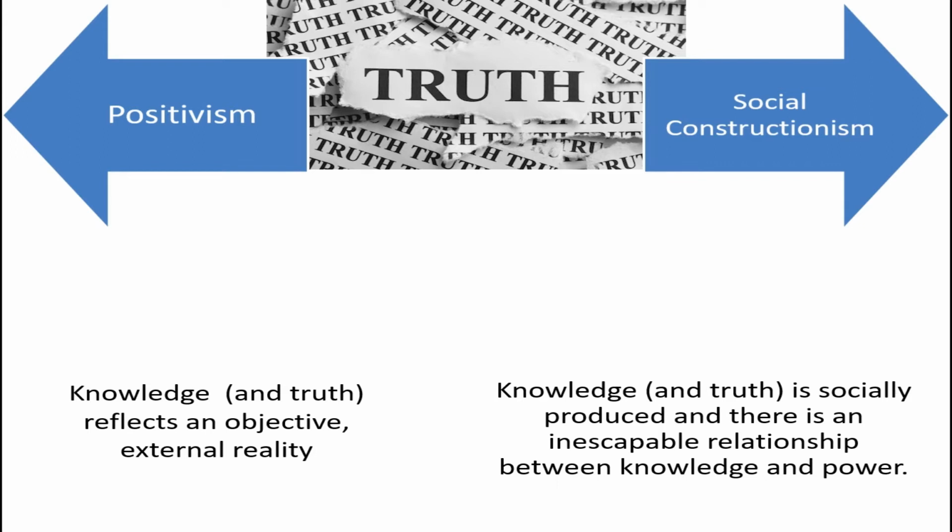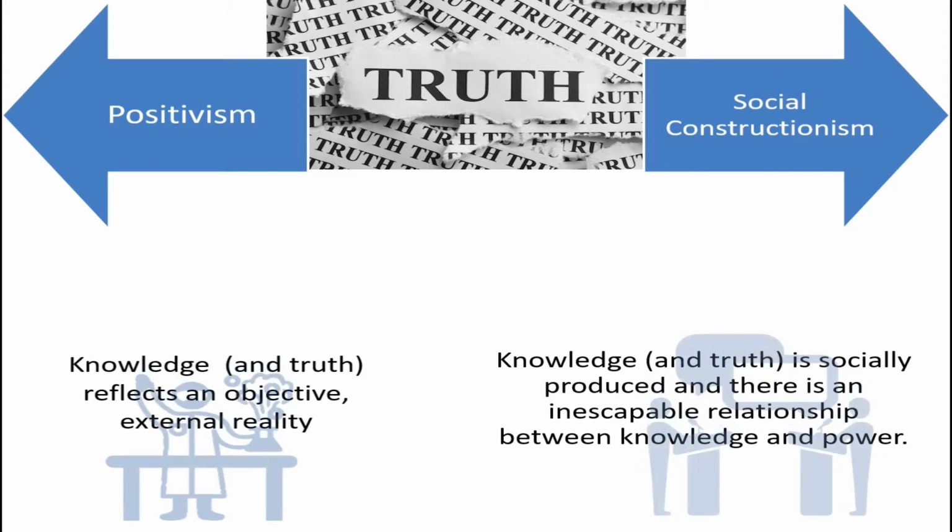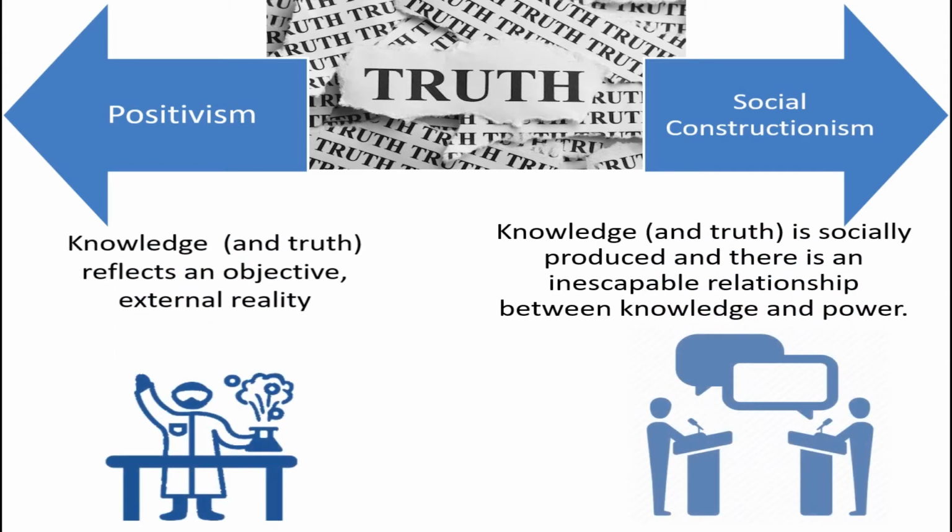But just for now, think of this in relation to knowledge constructed from experiments done in the laboratory, which is positivism, versus knowledge constructed from people stood at podiums giving their political speeches, like Donald Trump. And that very much reflects a social constructionist view of knowledge and truth.